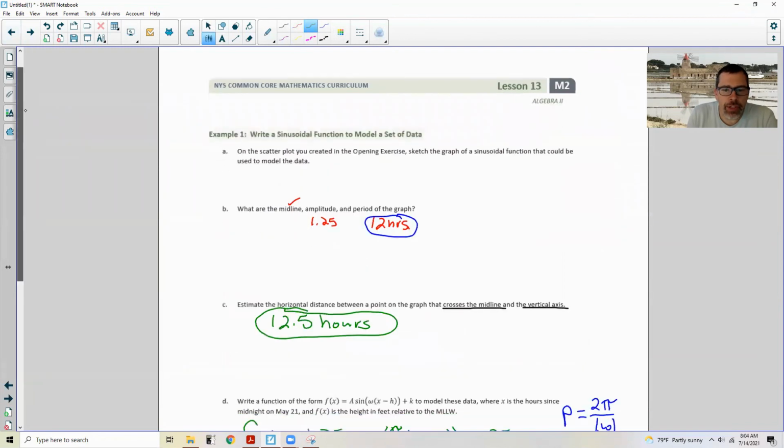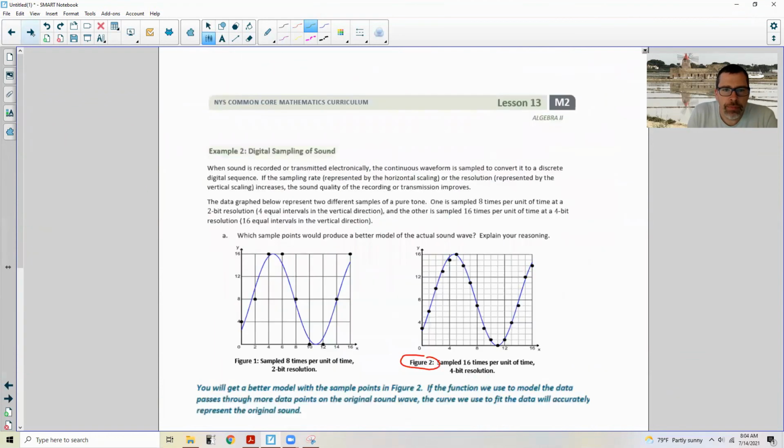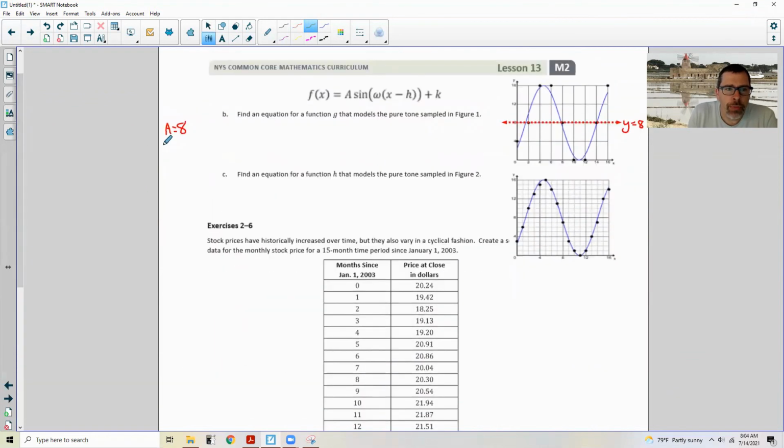Omega, remember from the prior page, what's omega? Let me go back 3. Omega is 2 pi over the period. Okay, so omega equals 2 pi over the period. The period, if we were to start here at 2, go up to a max, back down, down to a minimum, back up, 14 minus 2 is 12.